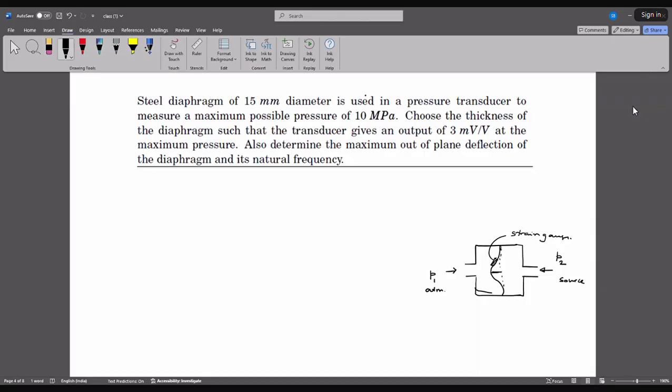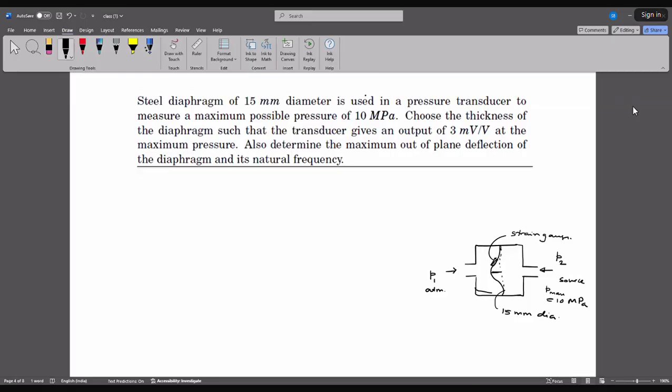So the question says a steel diaphragm of 15 millimeter diameter is used in a pressure transducer to measure a maximum possible pressure of 10 megapascal. Choose the thickness of the diaphragm.